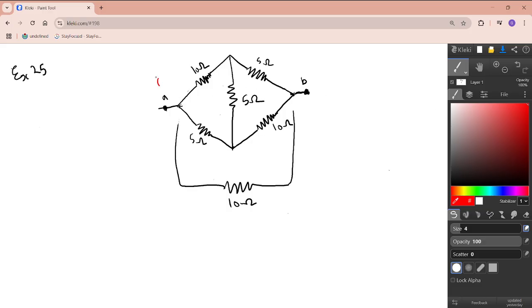So this current I enters and gets divided into I1. It's just a mental image. It's not what really happens if you do connect the wires. It's just for calculating the equivalent resistance, right? An I1 current goes to this side and an I minus I1 current goes this side.